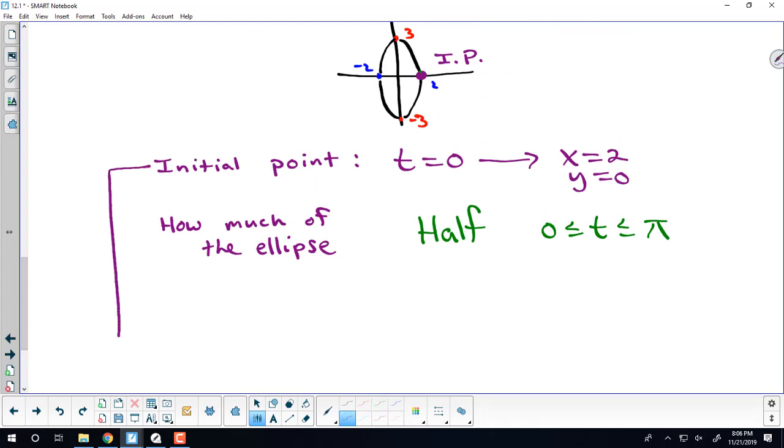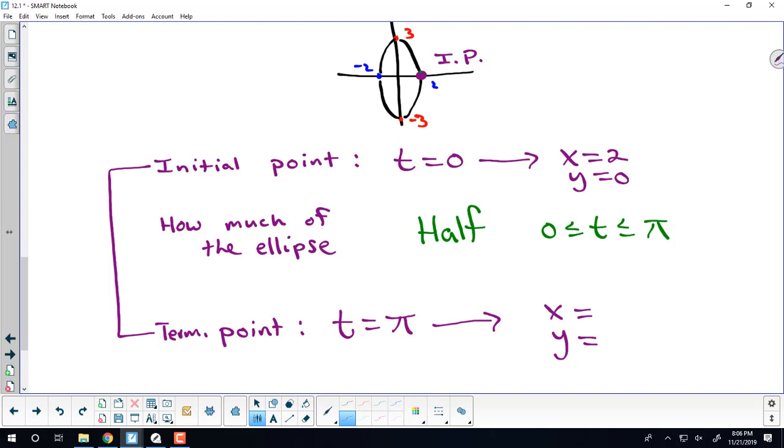So we'll kind of group these together. And then once we have our terminal point, it might give us a better idea which half.